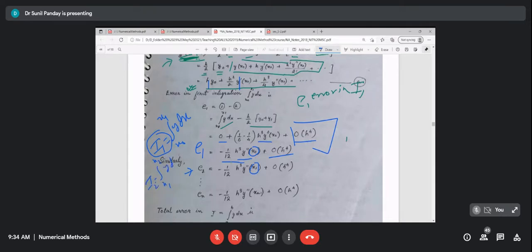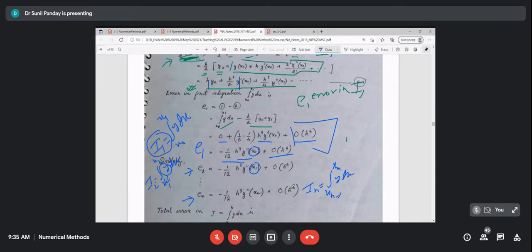Because now in I2 the lower limit is x1, going to x2, y dx. So you expand y about the point x1 and do all the calculation we did for I1, and in the end you will find y of x1, and other things remain the same. Similarly for En also, minus 1 by 12 h raised to power 3 and y double dash.